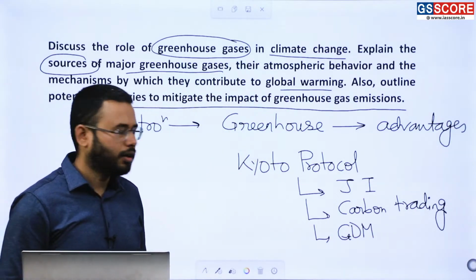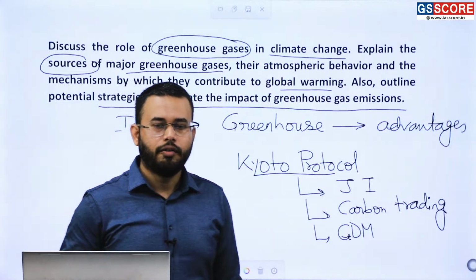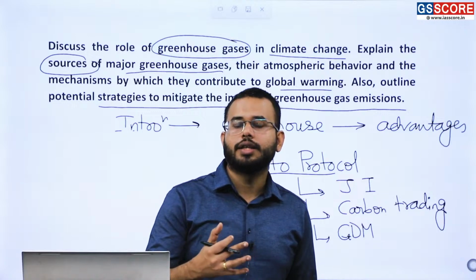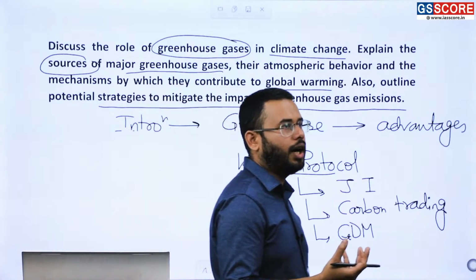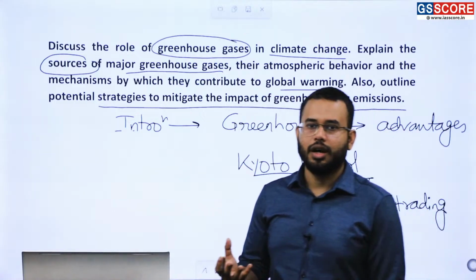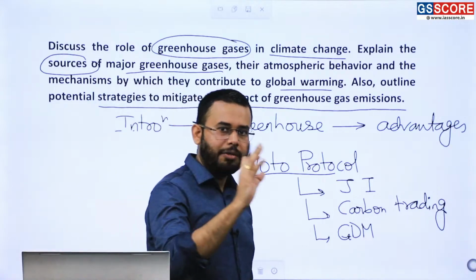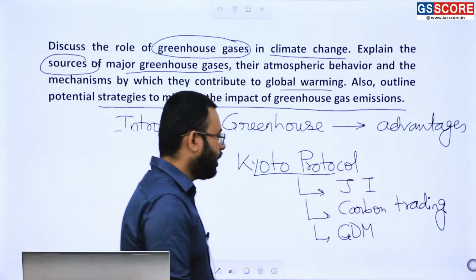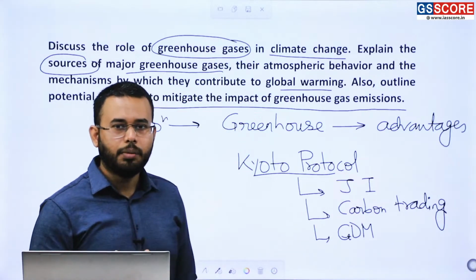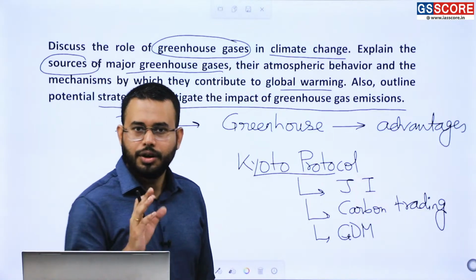These are the mechanisms given within the Kyoto Protocol, where two or three more countries can invest in projects which are sustainable and greener in nature, right? So apart from the primary mitigation strategies, strategies like carbon trading can also help in the overall reduction of greenhouse gases, which you need to mention here.